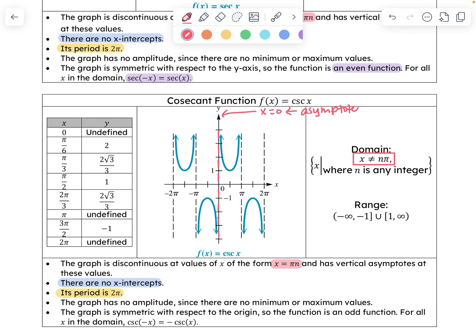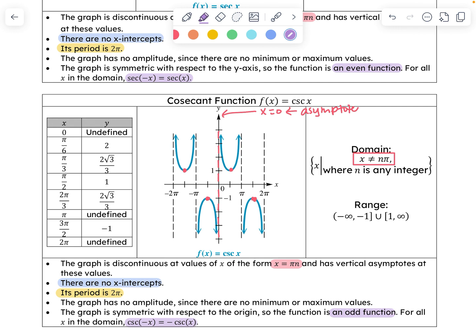We don't have an amplitude, but you can see we're hitting at +1s and -1s for all of our U shapes. So that A value will help see if we have a stretch or a shrink. And this graph is symmetric with respect to the origin, so it's an odd function. So the cosecant of -x is equal to the negative cosecant of x.